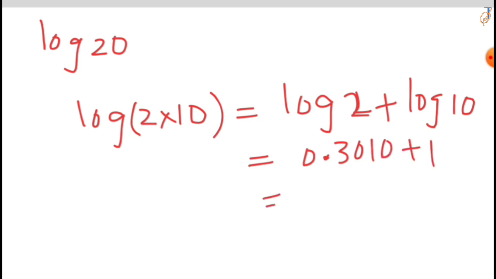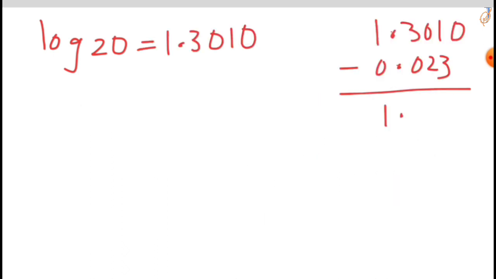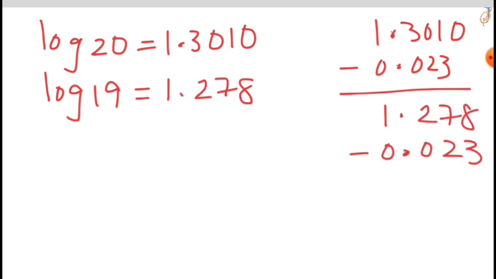So after adding we will get 1.3010, that is the log 20 value. From here, if you subtract 0.023, it gives the value of log 19, which is 1.278.